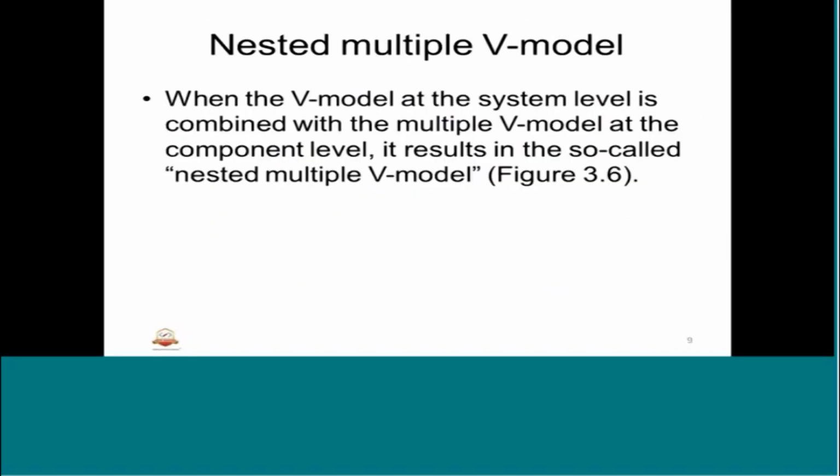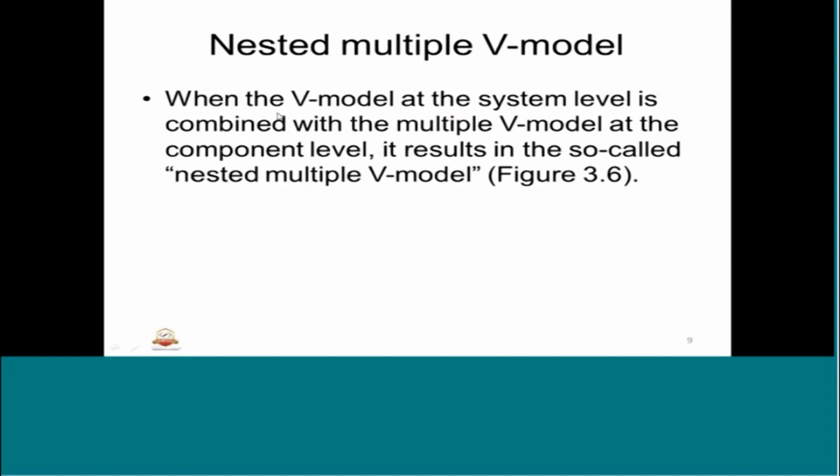Okay, the next one is nested multiple V model. We have studied about a V model, we have studied about a multiple V model, then another term called nested multiple V model. The name itself tells the multiple models are nested basically.